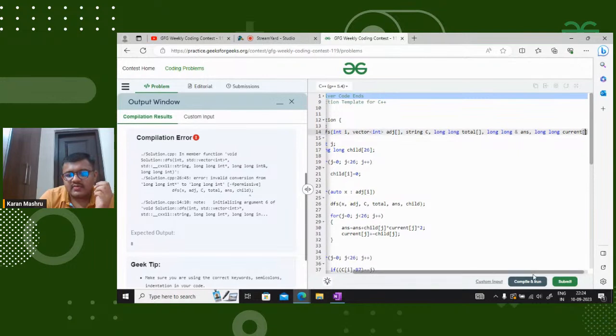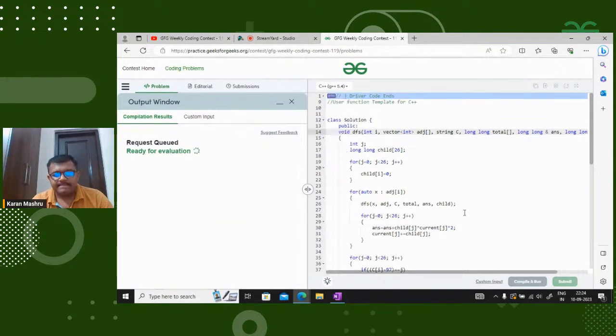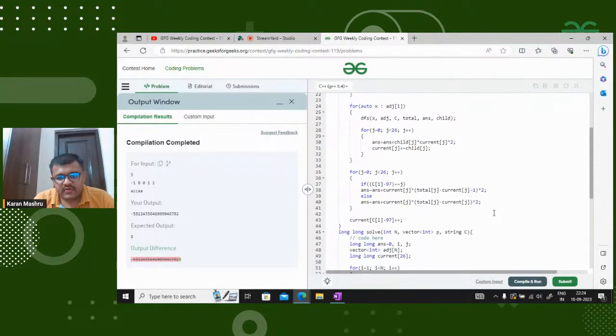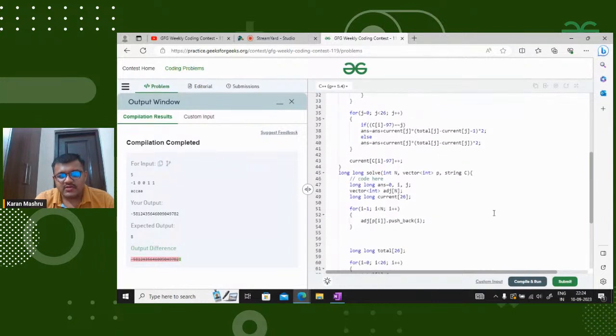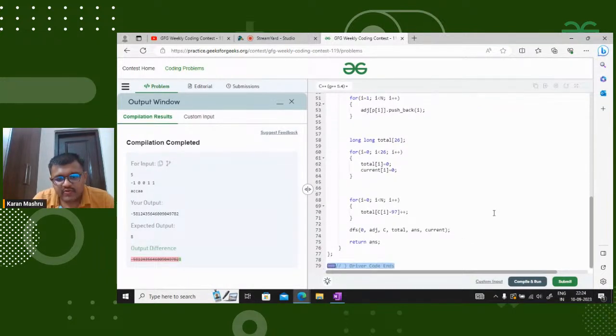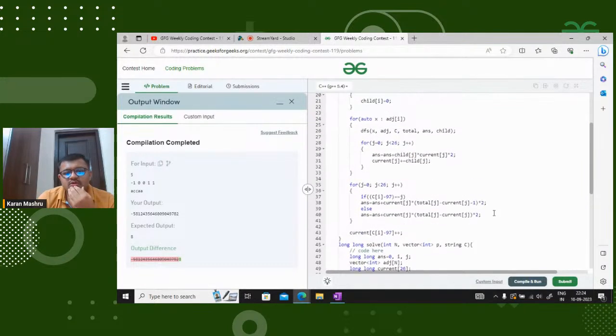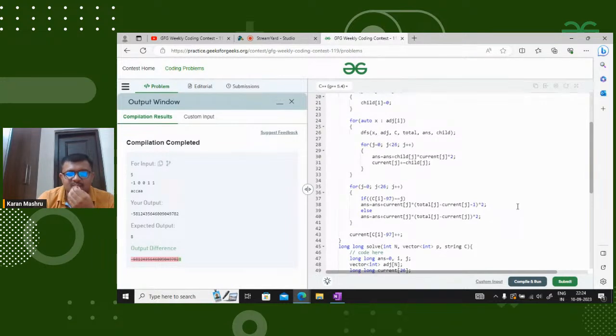It's not an element. Oh wow, we have got an absolutely wrong answer. Have I made current of I equals 0? Current of c of I, current of j plus equals child of j.